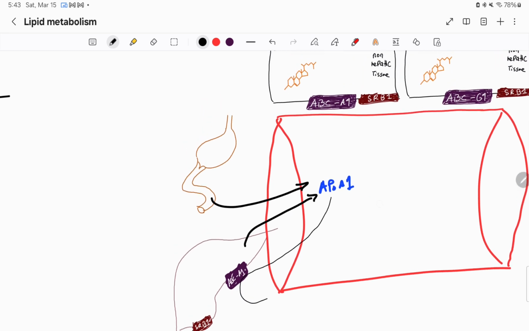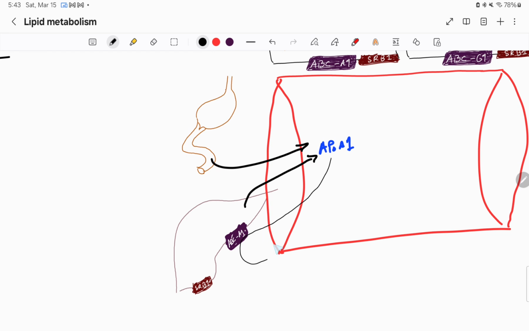If you remember, in the simplified version, I did say that technically the ABCA1 is interacting with the ApoA1 and allowing for the movement of the cholesterol and phospholipids outside of that cell. So that's what's happening here.